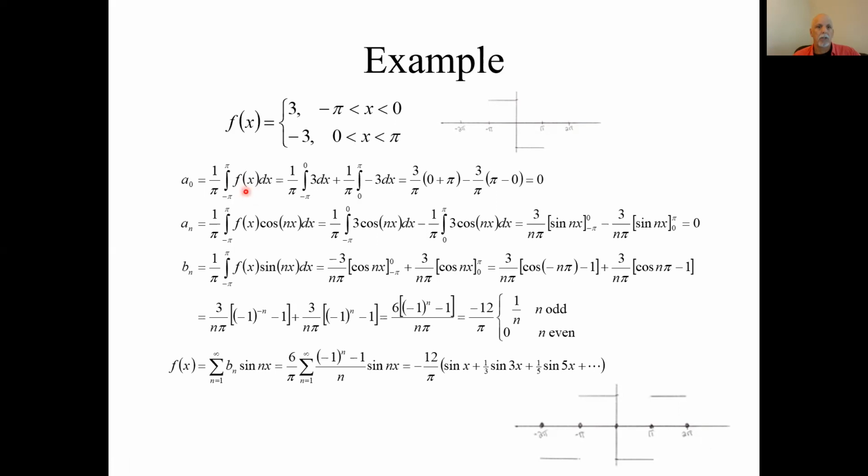f of x here, I have to break it up because it changes signs. But go through that simple calculus, and you get 0 for a0. What about the a sub n's? Plug it into the formula. I have to break up the integral into 2 pieces. Do that fairly easy calculus. I get 0 again.